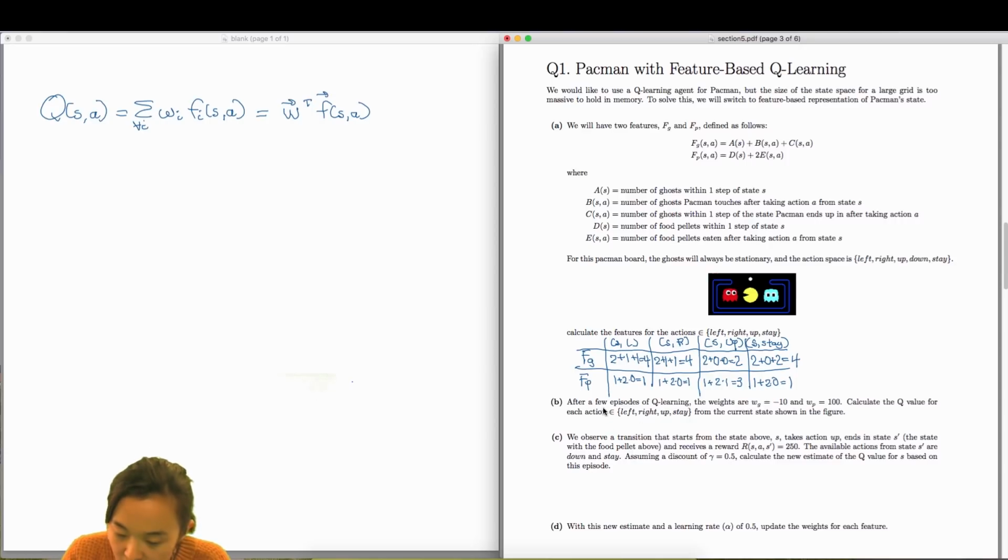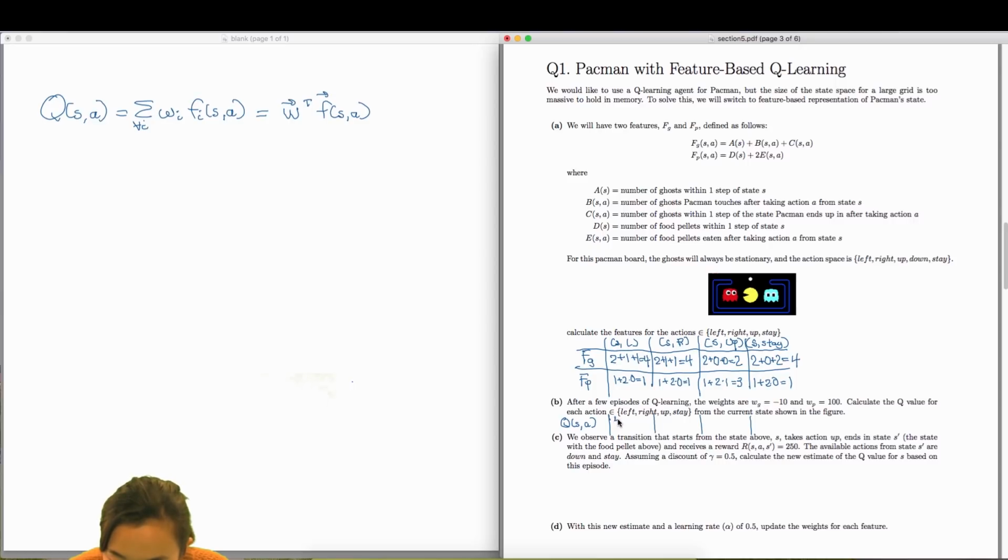We're going to go to part B now. Given these features, we want to calculate the Q values for each of these 4 tuples here. So let's just extend this table. They're telling us that the weights are -10 and 100, so we calculate this Q value for state left by weighting each of these feature values by their corresponding weights.